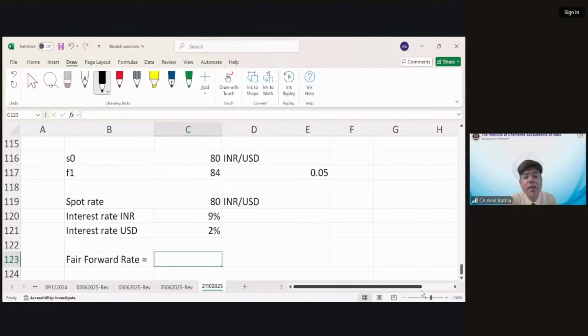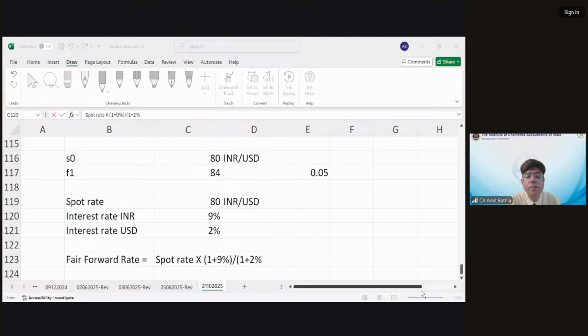It will be spot rate multiplied by 1 plus interest rate in your domestic currency, so that is 9%, divided by 1 plus interest rate in foreign currency, which is 2%. Right?